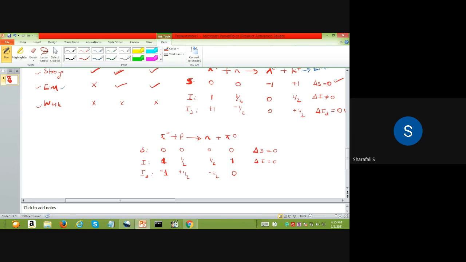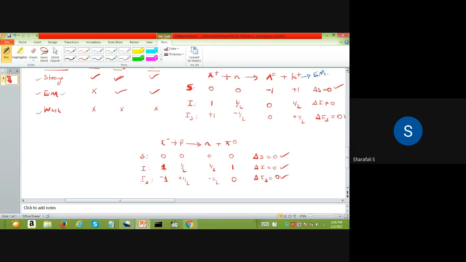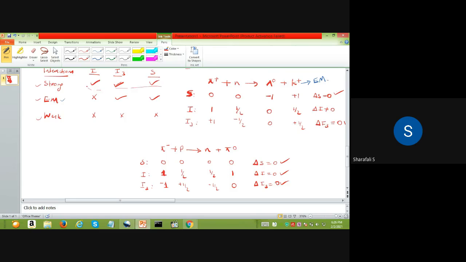So pi 0 will have that 0 value. And delta I3, if we consider, here we have minus half, minus 1 plus half will become minus half. So this is also 0. So strangeness conserved, isospin conserved, third component of isospin conserved. What kind of reaction is this? All are conserved, so it is a strong interaction. This one is a strong interaction.